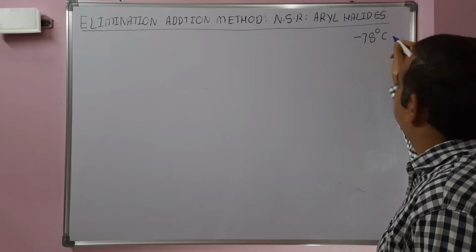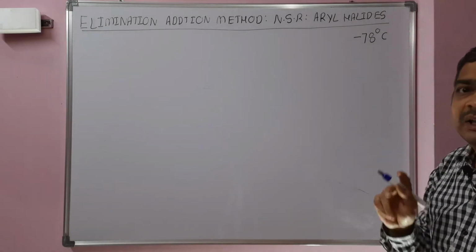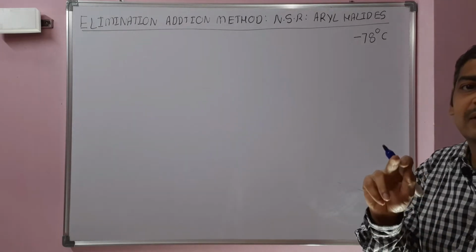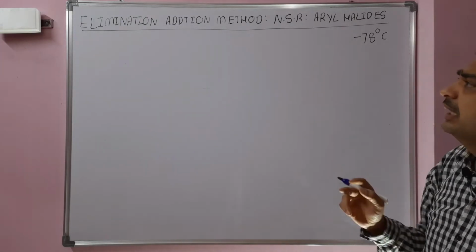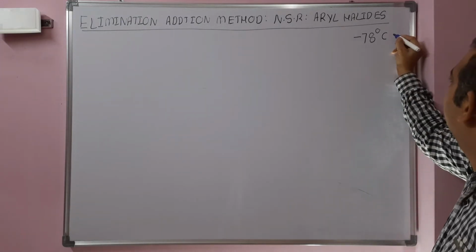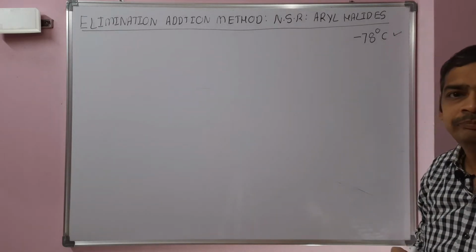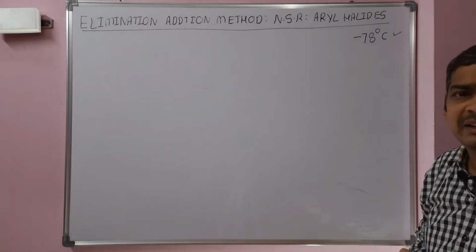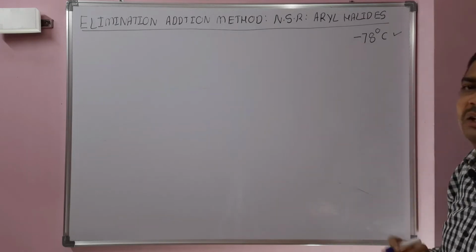Let's see the temperatures. 350 degrees centigrade without nitro, the Dow process. 35 to 135 degrees centigrade, containing an electron withdrawing group, the mechanism is addition-elimination. Whereas in the elimination-addition mechanism, the temperature required is minus 78 degrees centigrade. How will the reaction proceed at minus 78 degrees centigrade on an aryl halide?